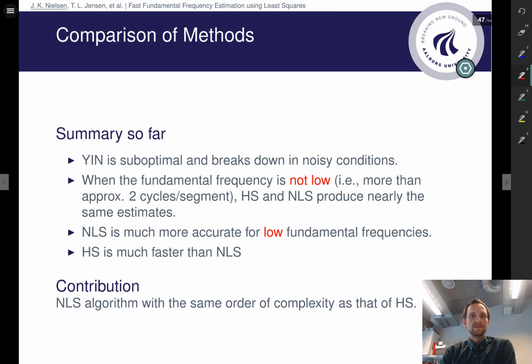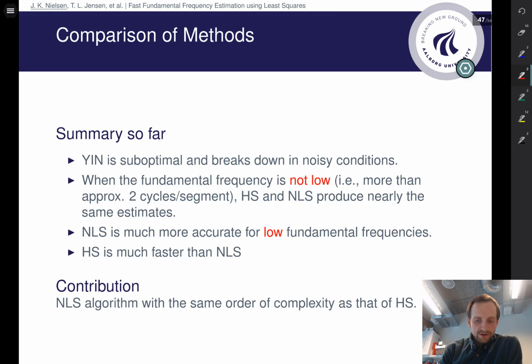That's what we have found in general for these correlation-based methods. Of course, you can add things on top of them to smoothen out the estimates between segments. That will correct a lot of things, but you can also do that for NLS and harmonic summation. So this comparison is only for the case where you have a segment of data.